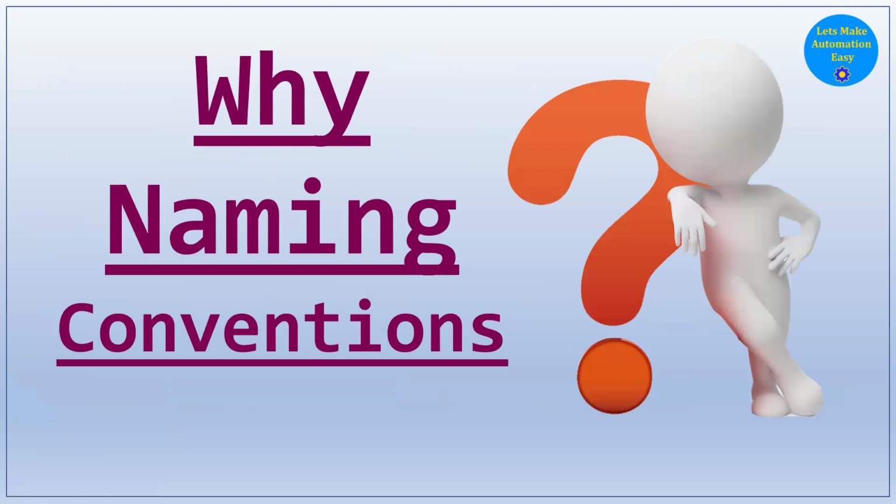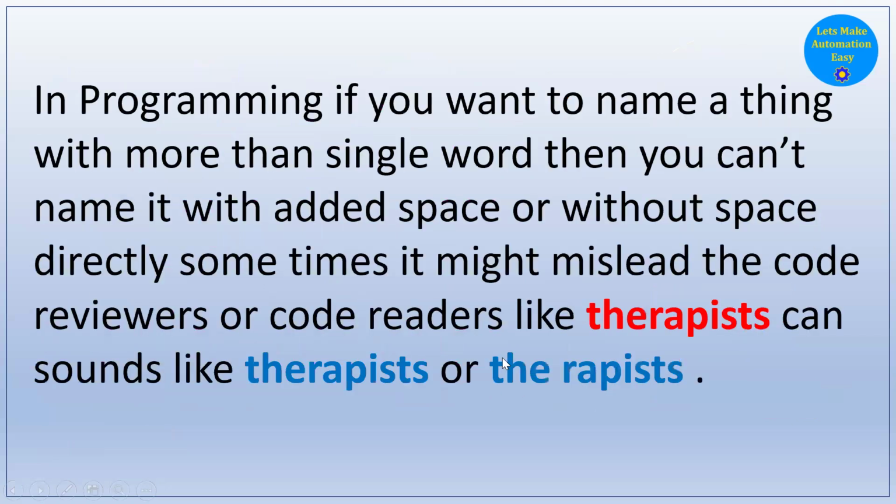Now the question is why naming conventions are really very important. I will give you an example in programming. Suppose you want to name a thing which contains more than a single word. Then you can't add a space, and without a space it can also create a problem. I'll give a very good example, the word therapist.